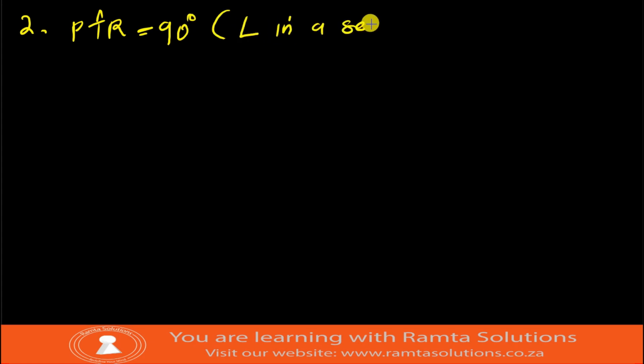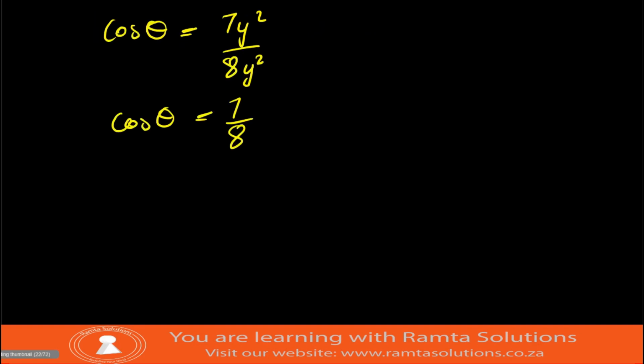That's the theorem we are using. Otherwise, others say angle subtended by a diameter, and it's still okay to say that. Having said that, we have seen that angle PTR is 90 degrees.